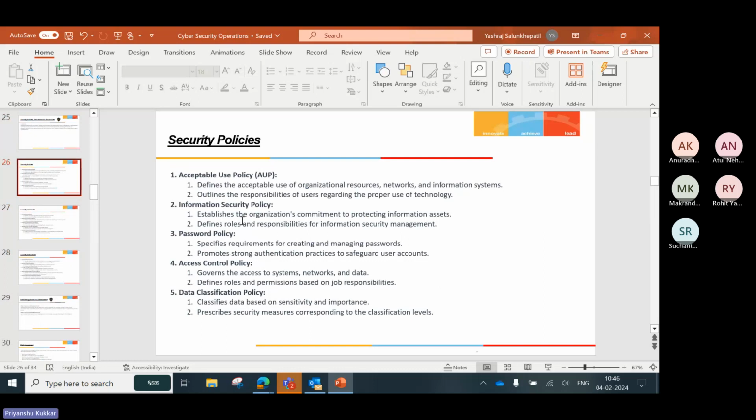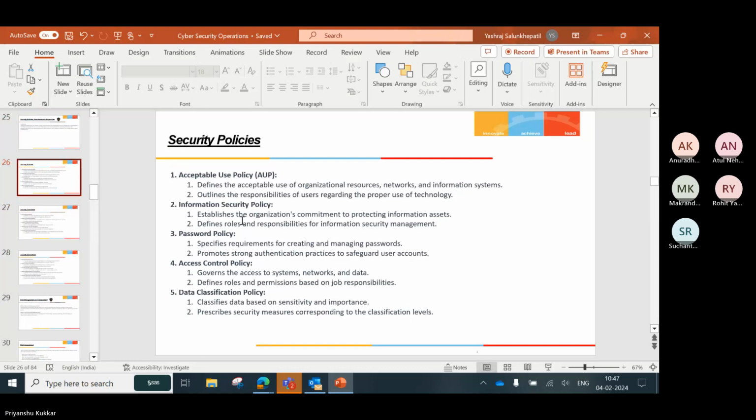So acceptable use policy. It defines acceptable use of organization resources. Okay, it outlines the responsibility of users regarding the proper use of technology. Like I said, कि अगर acceptable use of organization resources कि तुम्हें अपना लैपटॉप तुम कंपनी के बाहर लेके नहीं जा सकते हो.